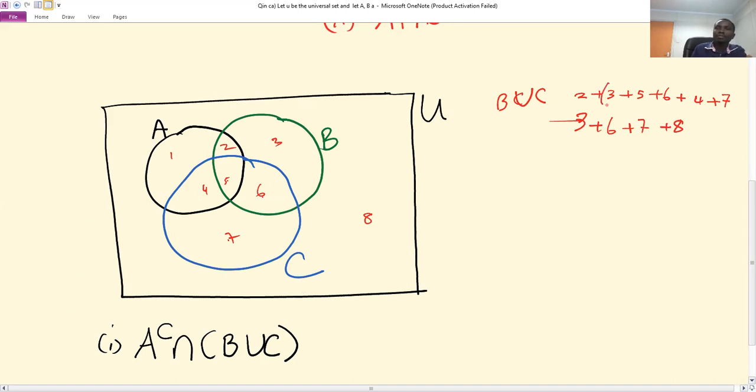We have 3, 6, 7. So we share region 3, region 6, and region 7. Those are the common points to these two sets, A complement and B union C. So this is 3, 6, 7.